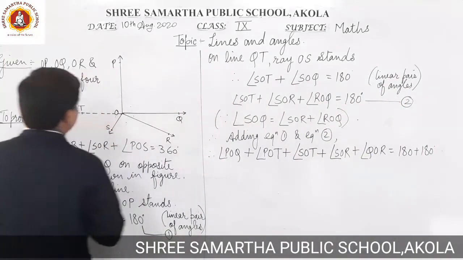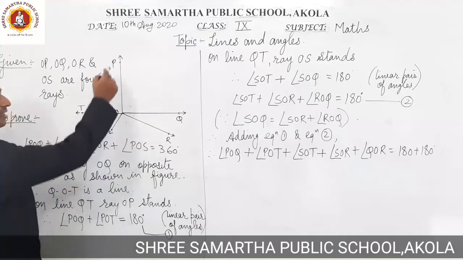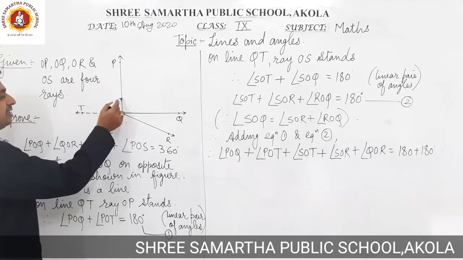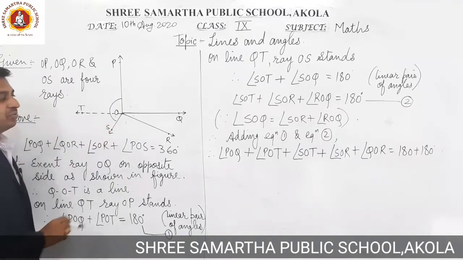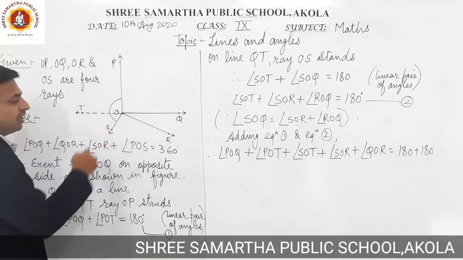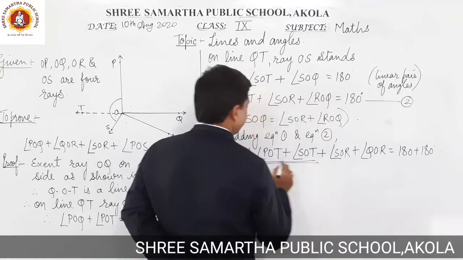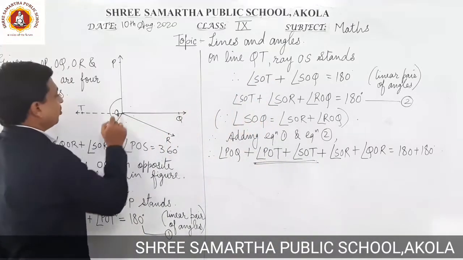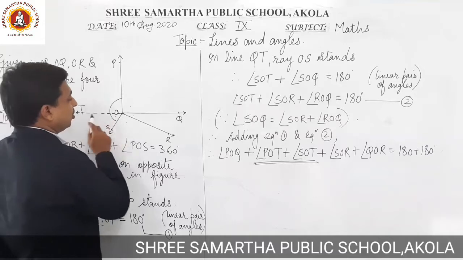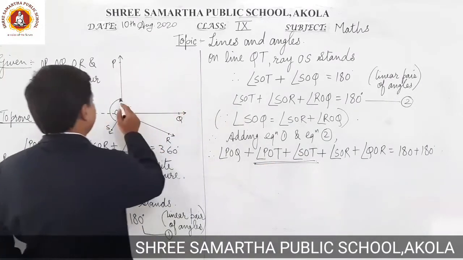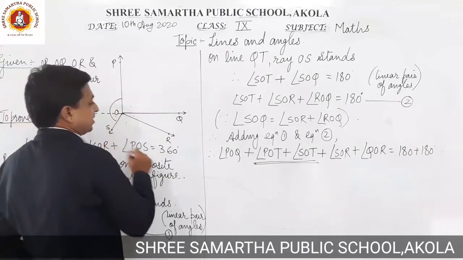Now observe this: angle POT plus angle SOT means this complete angle, so we get angle POS. If you add these two angles POT plus SOT, we get this complete angle POS.